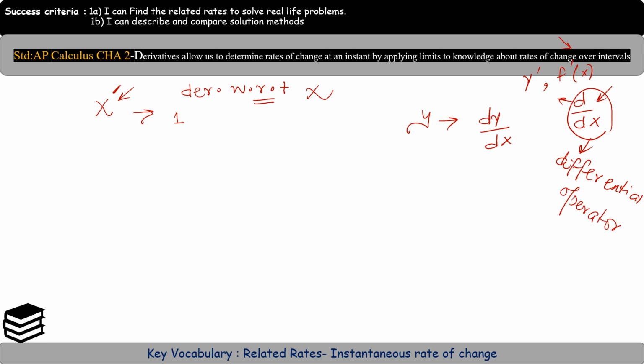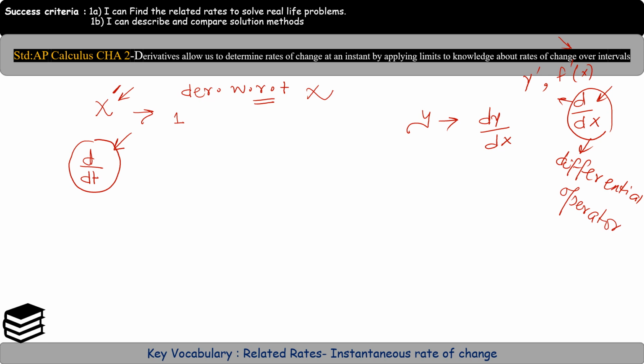But now, whatever symbol you have, whatever derivative you are taking, just take the derivative with respect to time. It means you are going to use the differential operator d by dt.